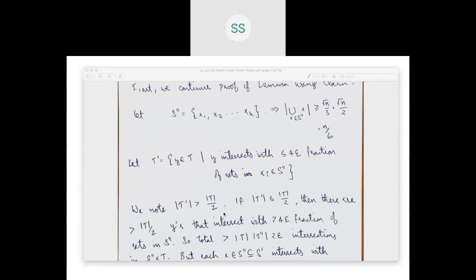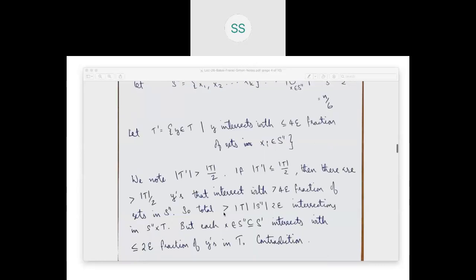So there are at least 4 epsilon times T by 2 times S double prime fraction of zeros in the S double prime cross T submatrix, which means size of T times size of S double prime times 2 epsilon zeros in S double prime cross T. But we know that S double prime is a subset of S prime, and each row has at most 2 epsilon zeros. So together S double prime cross T should not have more than 2 epsilon fraction of zeros, because each row has 2 epsilon fraction of zeros. So this is a contradiction.